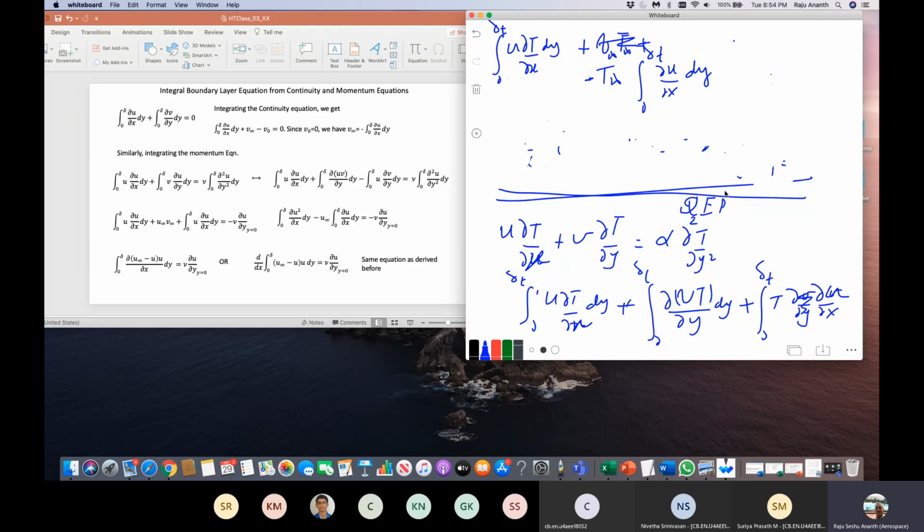Okay, so this, what happened there? Oh, that's nothing but 2 du. Okay, so this becomes the integral from 0 to delta T of d/dx of (T minus T infinity) u dy.